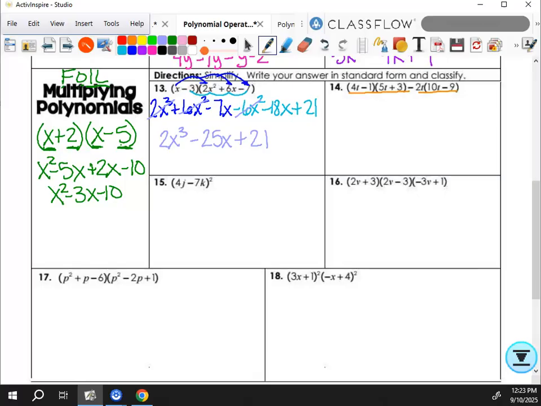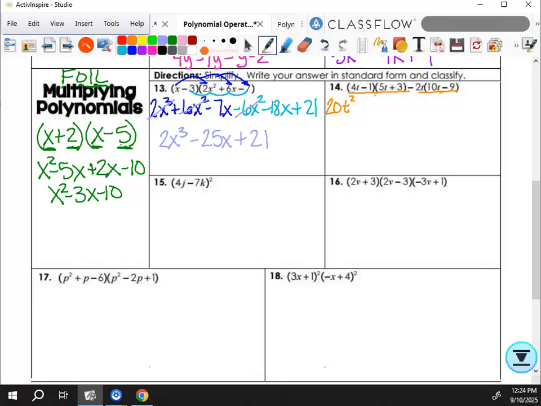So do you see how that's two big terms? I am not multiplying this times this. I'm going to multiply this together, and then they get subtracted. Does that make sense to you? So we're going to do this first part here, and we're going to FOIL. So we multiply the first two together. 4t times 5t gives me 20t squared.